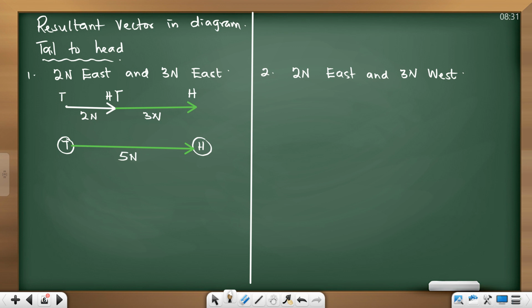I have 2 newtons to the east and 3 newtons to the west. What would you do?